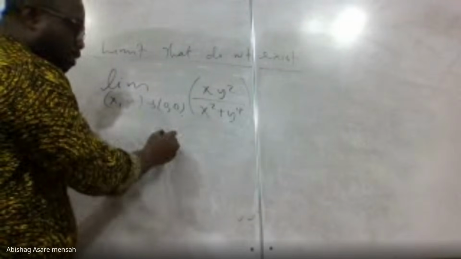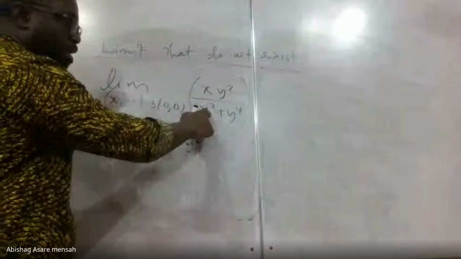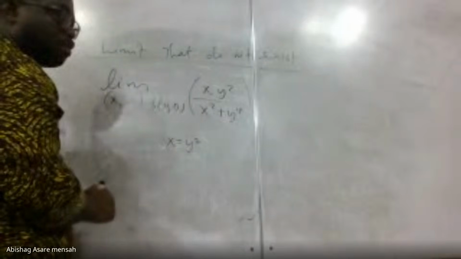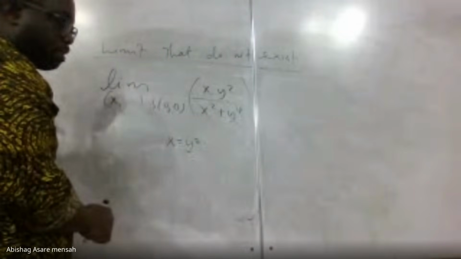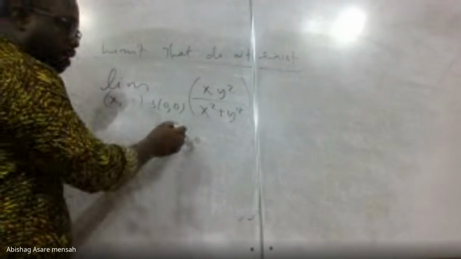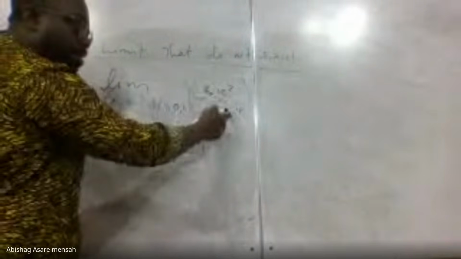So I can set x is equal to y squared, so that the exponent here and the exponent there can be the same, to be easier for me to cancel out. Now if I set x is equal to y squared, I'll put y squared here and put y squared there. Or I'll put x here and put x there.